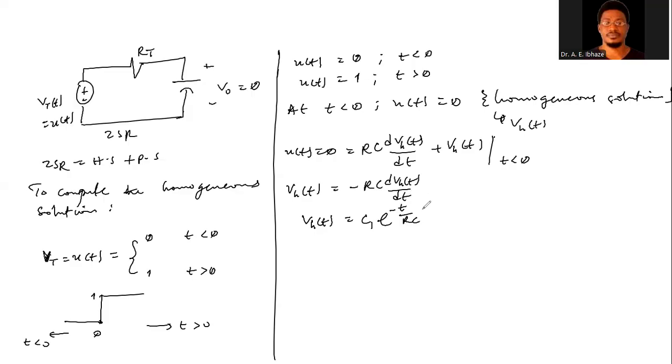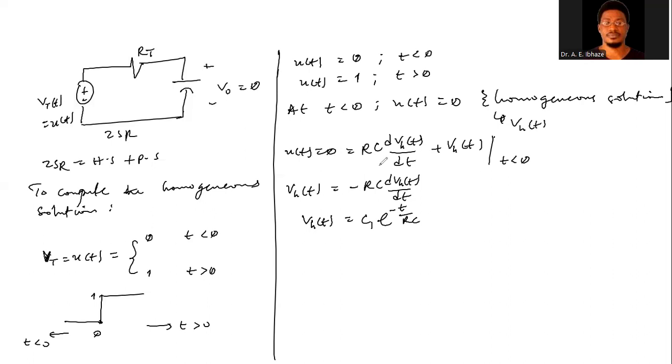Now, you observe that this constant C1 cannot be evaluated till we have solved for the particular solution. So C1 will only be determined after the evaluation of the particular solution, and then after applying the initial condition V0 equal to 0 volts.